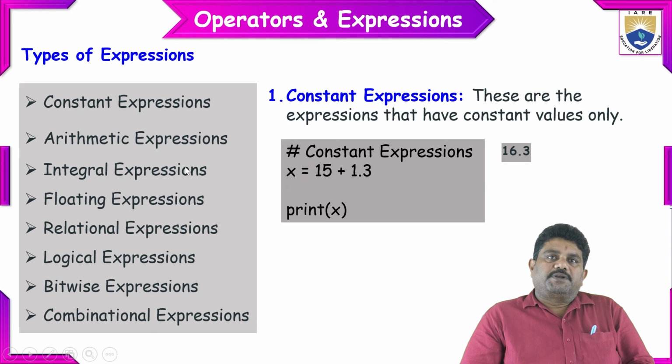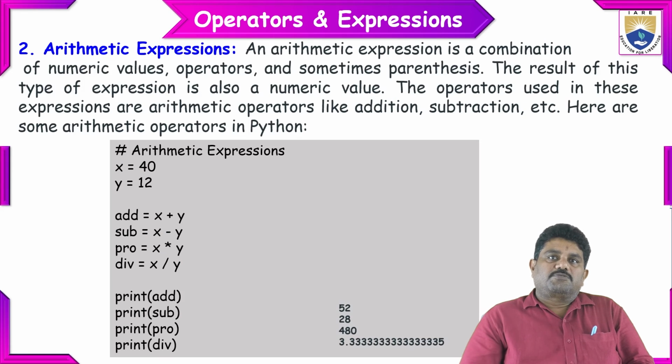Constant expressions, arithmetic expressions, integral expressions, floating point expressions, relational expressions, logical expressions, bitwise expressions, combinational expressions. Constant expressions means only constant values will be there in the expression. 15 plus 1.3 is a constant expression, and the output will be 16.3. Such expressions are constant expressions.